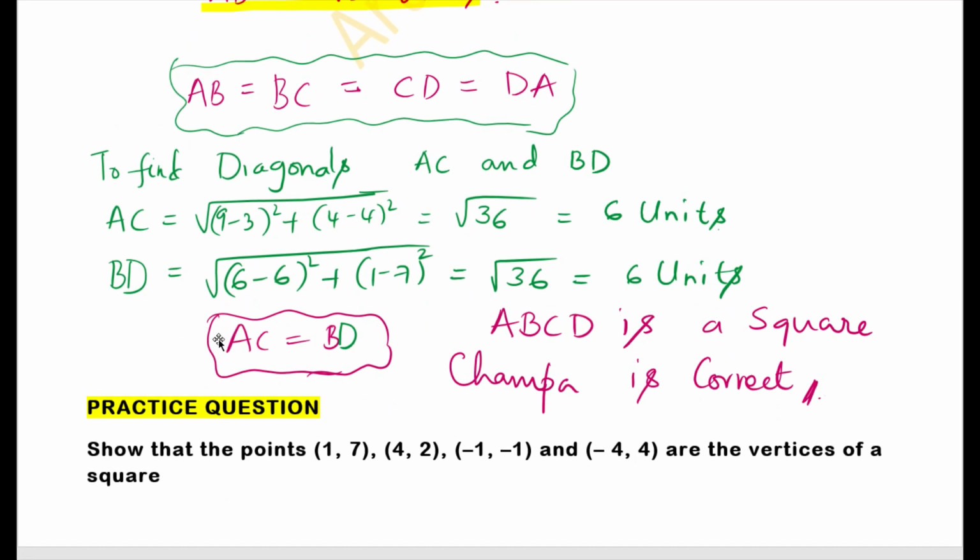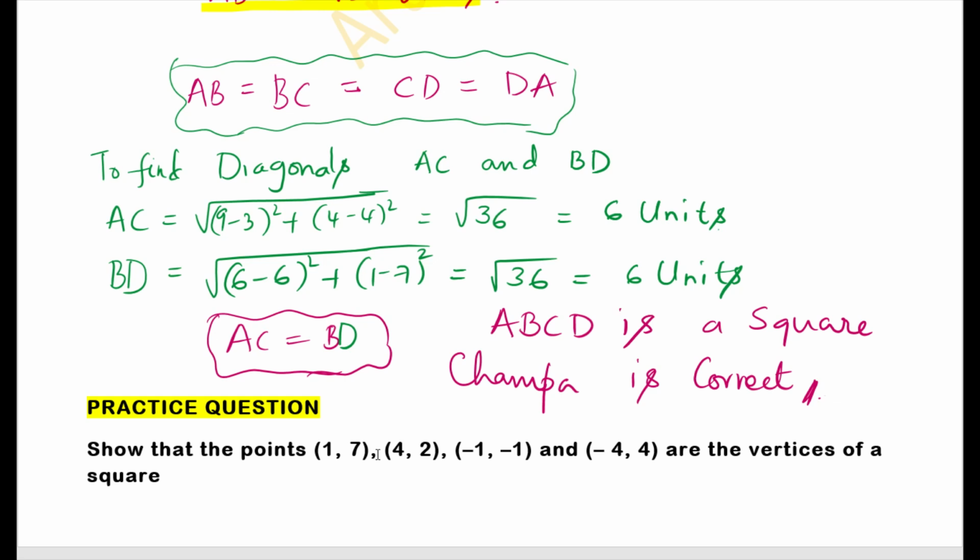Students, in the same way, here is a similar problem for your practice. Show that the points 1, 7, 4, 2, -1, -1 and -4, 4 are the vertices of a square. Consider the point A as 1, 7, B as 4, 2, C as -1, -1 and D as -4, 4, and check whether the lengths AB, BC, CD and DA are equal.